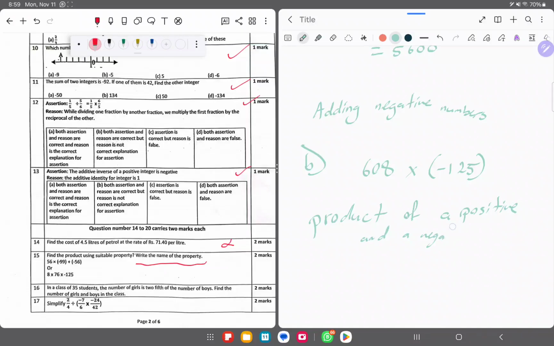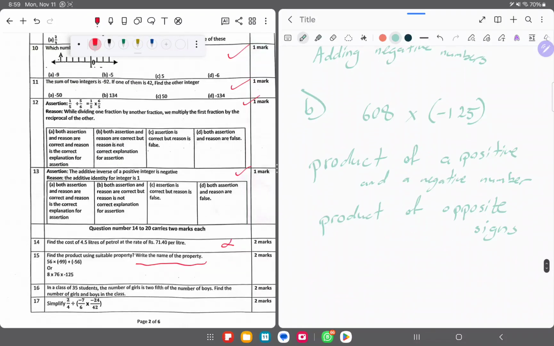The product of a positive and a negative number, or the product of opposite signs. Regardless of the number in the end.